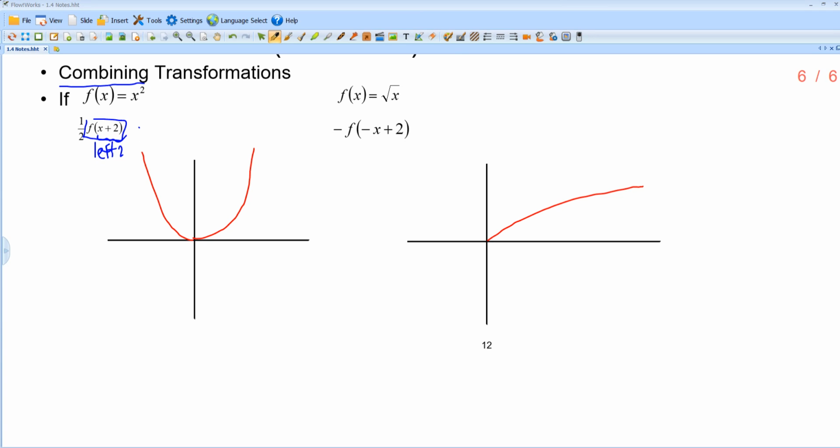So that is not multiplication to x. Multiplication to x would say 1/2 x. So this is going to be vertical. Vertical is not counterintuitive, and I'm multiplying by half. If I multiply by 1/2, that's not going to make things larger, it'll make them smaller. So this tells me that there's a vertical shrink.